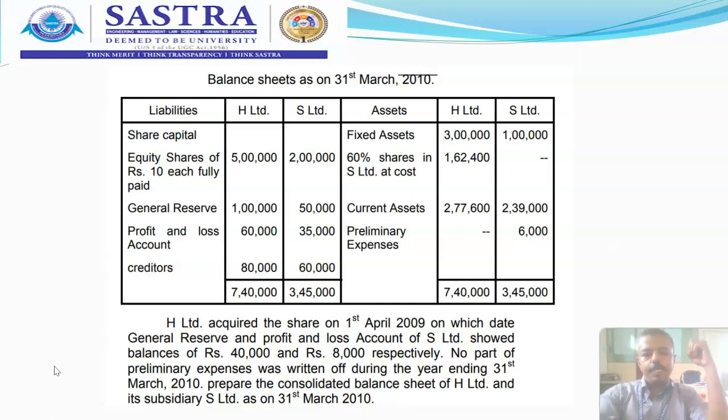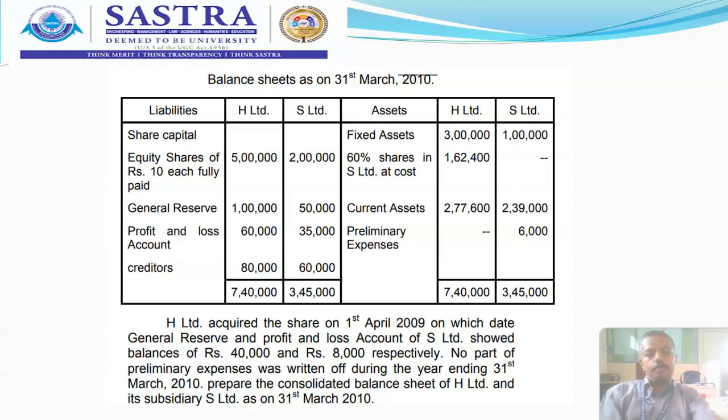No part of preliminary expenses was written off during the year ending 31st March 2010. You are requested to prepare a consolidated balance sheet of H Limited and its subsidiary S Limited as on 31st March 2010.